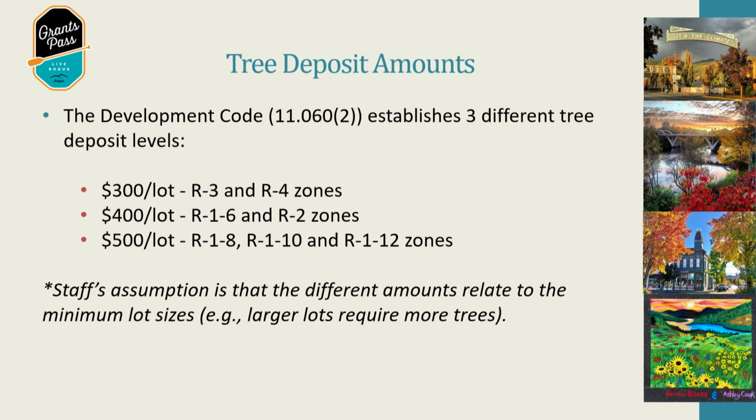If you're in the R16 and the R2 zones, it's $400 per lot, and if you're in the R18, R110, R112, it's $500 per lot. We don't have anyone on staff who was here when these were adopted. Our assumption is that those range because the larger the lot, the more trees are required. And so as you get into those lower density zones, the minimum lot size is larger, so you would have more per lot.